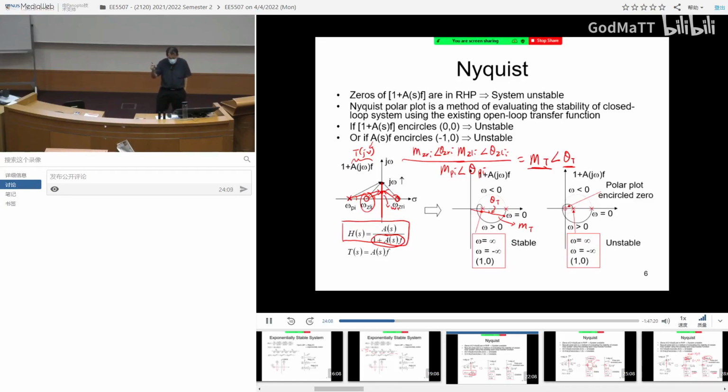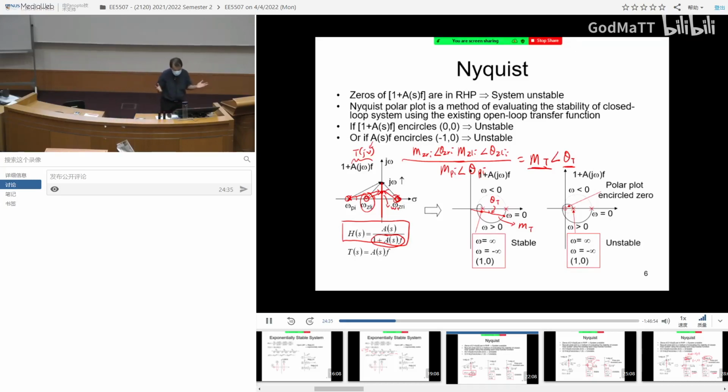Now if I move omega further, I will get a different magnitude and a different phase. Here I'm illustrating the principle using the zeros and the poles. But in reality, do I really need to know the poles and zeros? I don't need to. I just substitute the omega into the whole transfer function. I can figure out the magnitude and the phase, which is the total one. I don't need to find individual poles or individual zeros. That is the beauty of it.